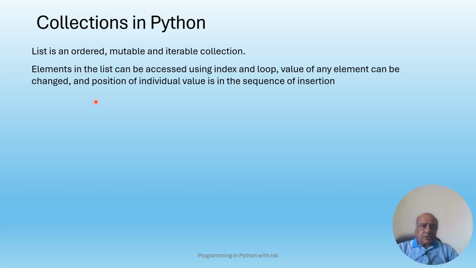Elements in the list can be accessed using index and loop. The value of any element can be changed, and the position of an individual value is in the sequence of insertion.